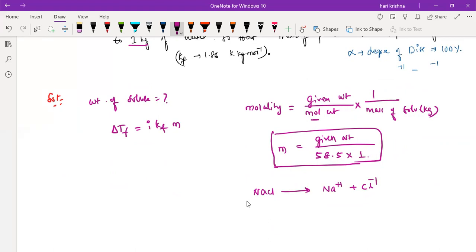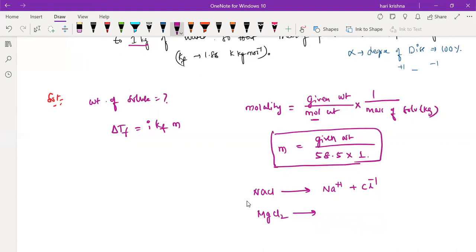Similarly, as an example, if you dissolve MgCl2 in the water, what will you get?